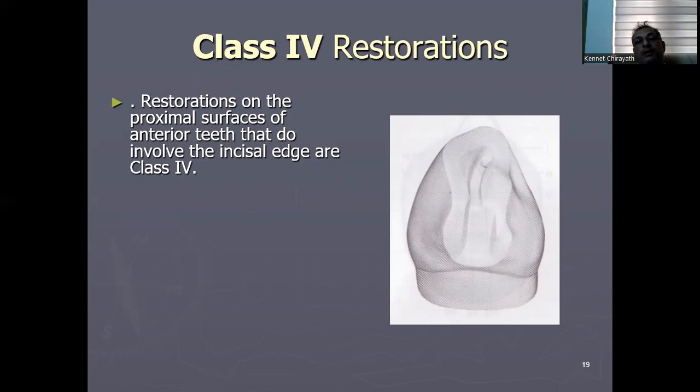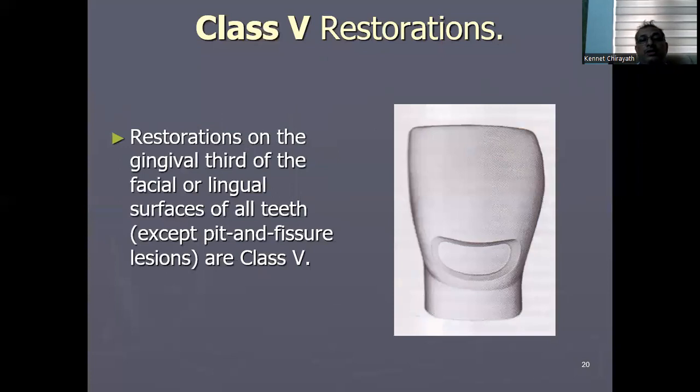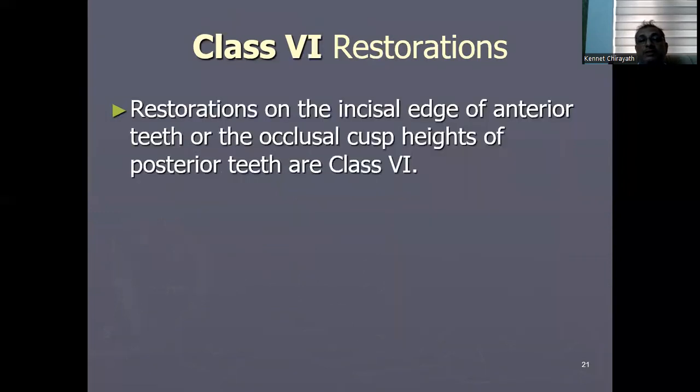The restoration on the proximal surface of the anterior tooth that does involve the incisal angle is class 4. Restoration on the gingival third of the facial and lingual surface of all teeth is class 5.